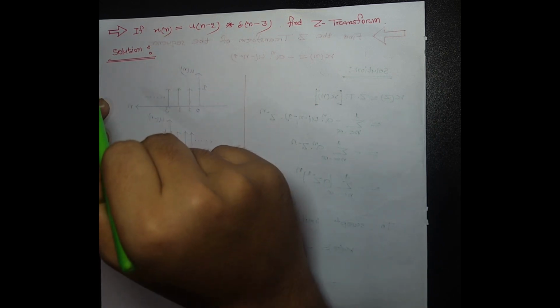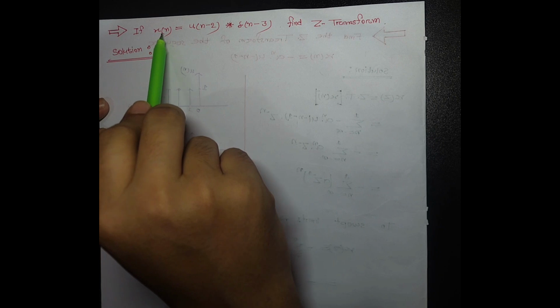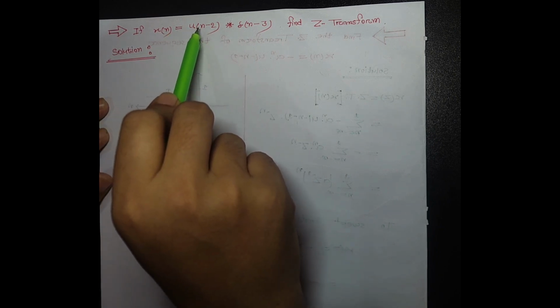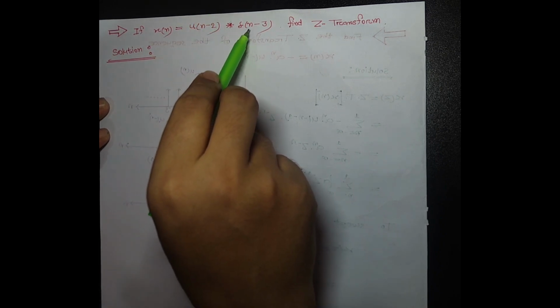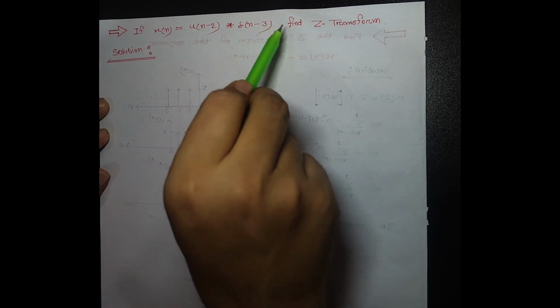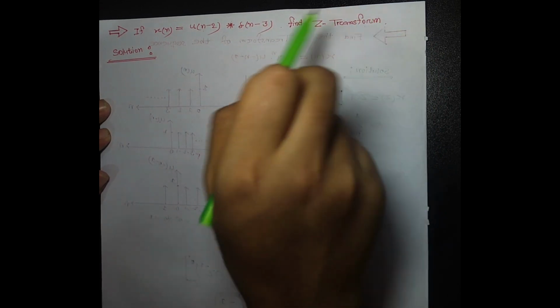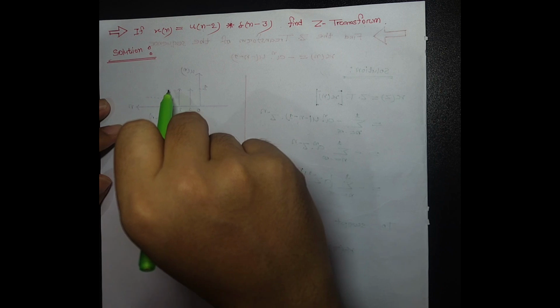Here is another problem. If x n equal to u of n minus 2 convolution of delta of n minus 3, find the Z transform. Let us solve this problem.